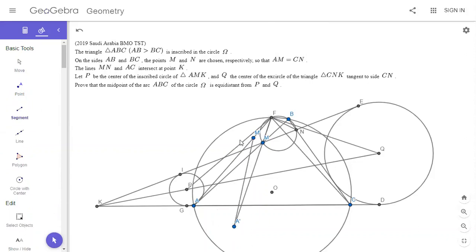So basically FM prime A prime is congruent to FNC, and I want to show FM prime P is congruent to FNQ.